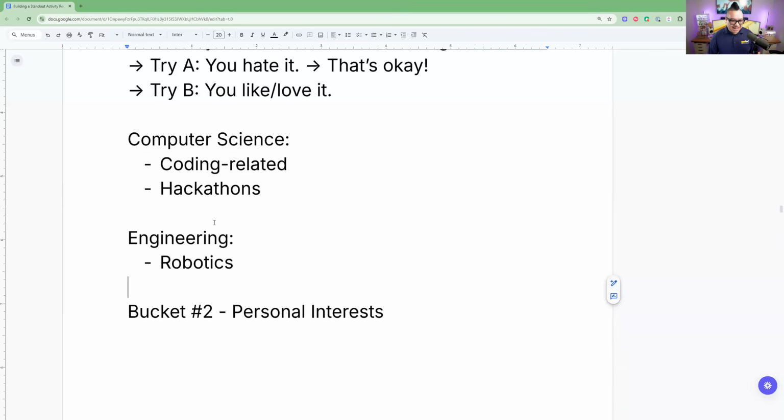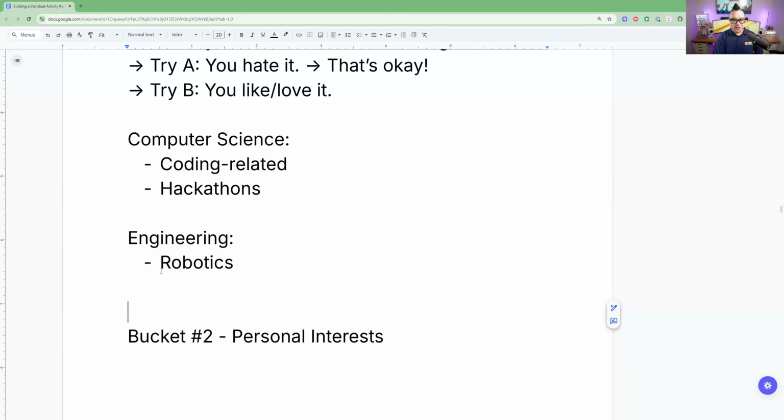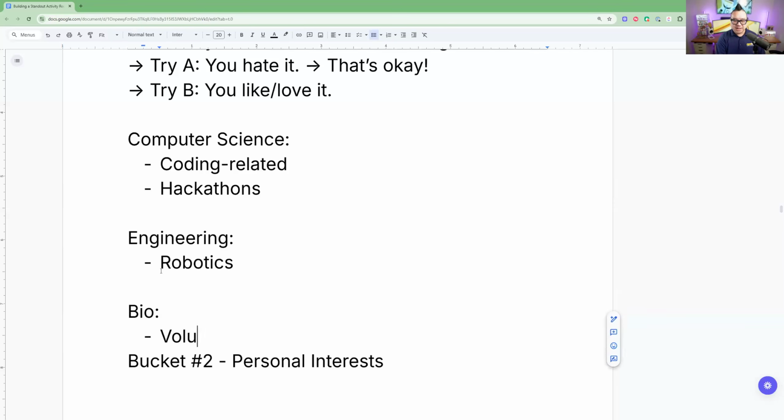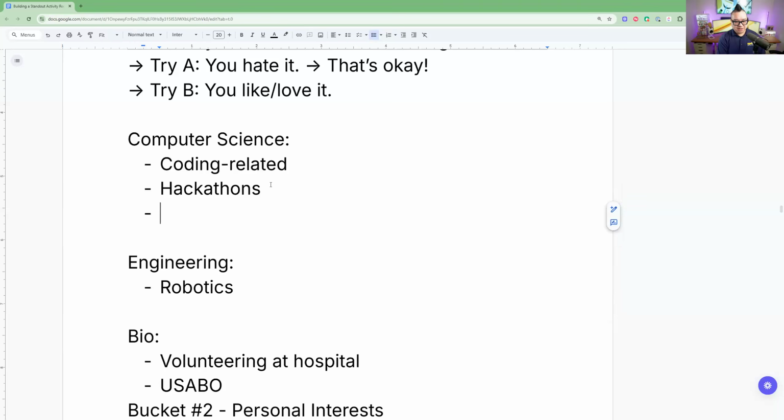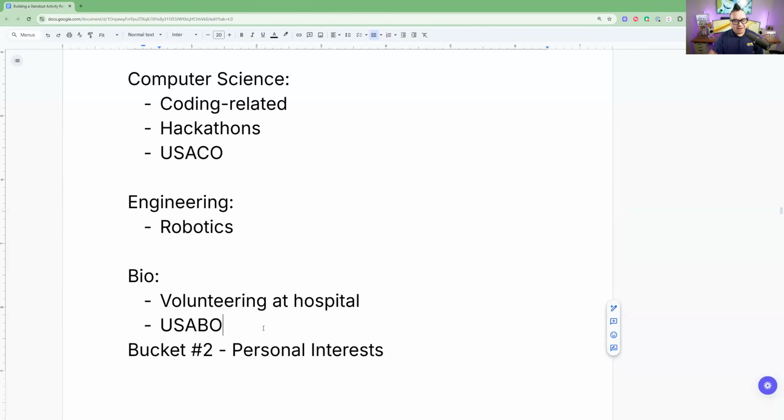Next one, let's say for those of you in bio, right? You guys are volunteering at a hospital. You guys are doing USABO, USACO. These are the Olympiads, right? Volunteering as well. Science programs, science summer programs. So you're all doing very similar things, right?